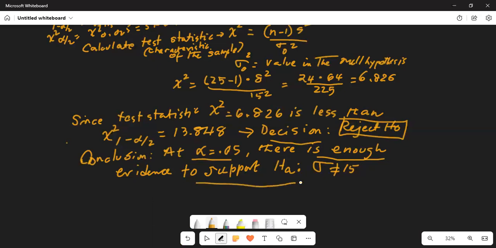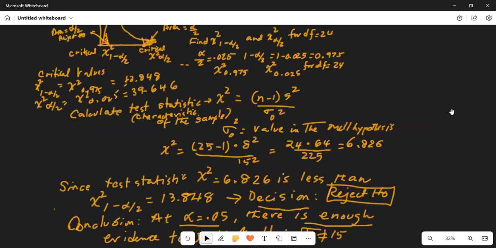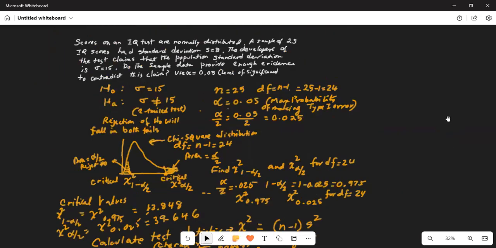Okay, so let me summarize what I did. We will start from the very beginning. This may be a little offbeat problem, so let's read the problem. Scores on an IQ test are normally distributed. A sample of 25 IQ scores had standard deviation S equal to 8.